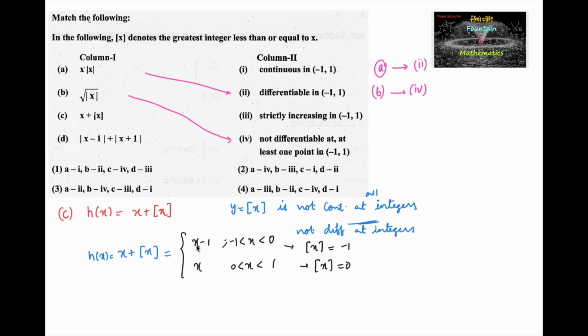So clearly we can see that the slope of these two are positive. Slope of x minus 1, that is h of x equal to x minus 1, is 1, and slope of h of x equal to x is also 1.